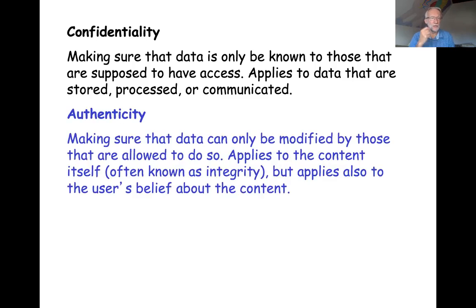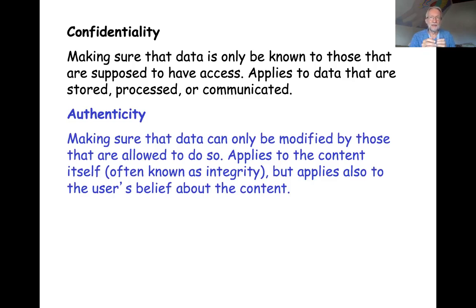Authenticity then is about kind of the dual thing, if you will. We want to make sure that data can only be modified by those that are allowed to do so. This applies to the content of the data itself, that's often known as integrity, but a subtlety is that this also applies to the user's belief, for instance, about the content.